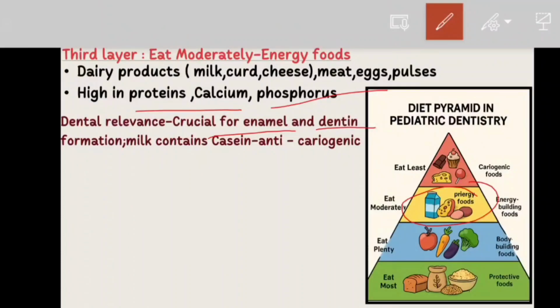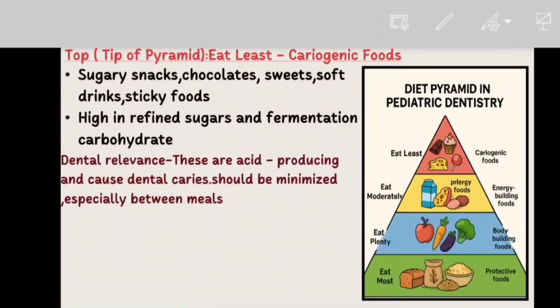Here is one special point for the exam: the milk contains casein, which is an anti-cariogenic protein. Okay. So remember this, casein forms a protective layer on the teeth which helps in reducing the caries risk. So which protein in milk is anti-cariogenic? The answer is casein.